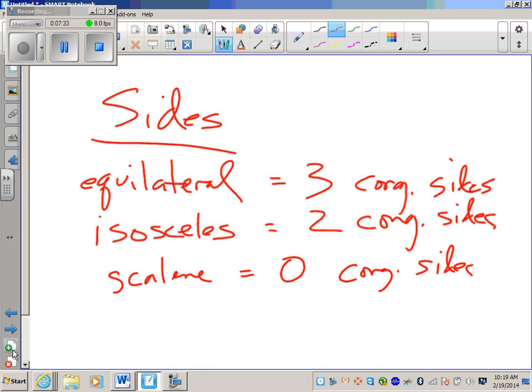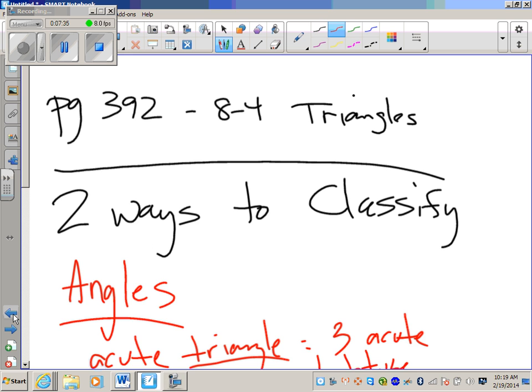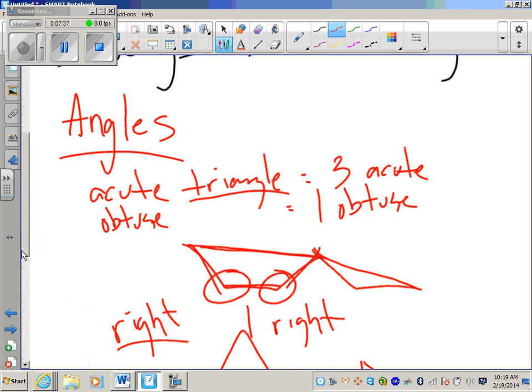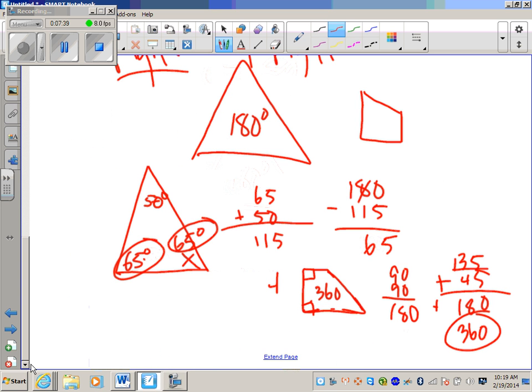Now let's go back for a second and take a look at the one we figured out. This one here, it's not drawn perfectly, but because I have two angles that are the same, chances are two sides are also going to be the same.